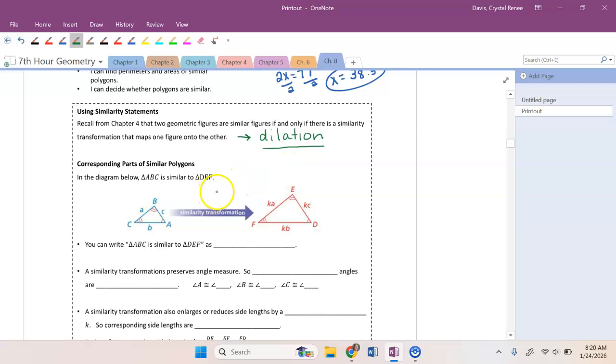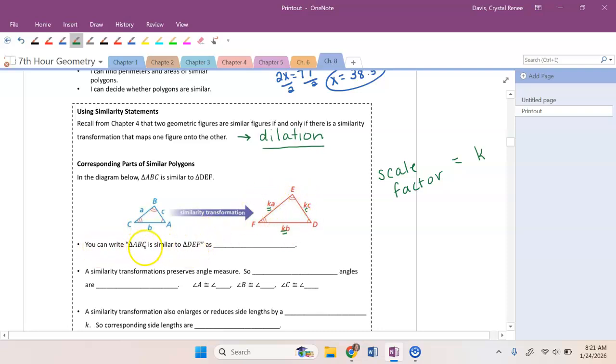Okay, and how much bigger or smaller it gets is known as the scale factor, and we'll get to all this here in a minute. But remember, the scale factor is how much bigger or smaller it gets, and we label that scale factor as the lower case letter k. So that's what this k means right here. Okay, so essentially we multiply all these sides by the same number to get this bigger shape.